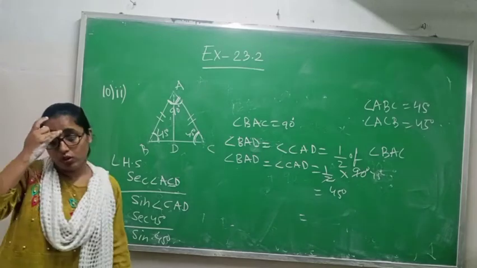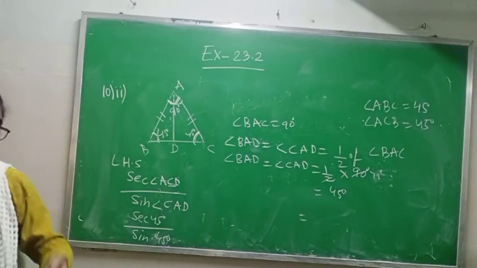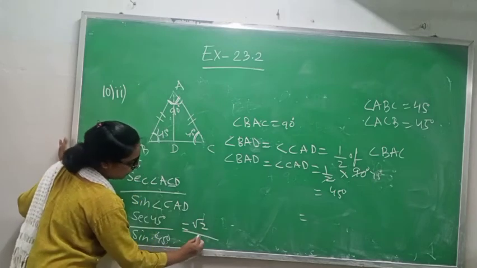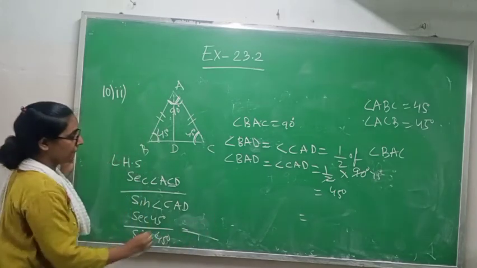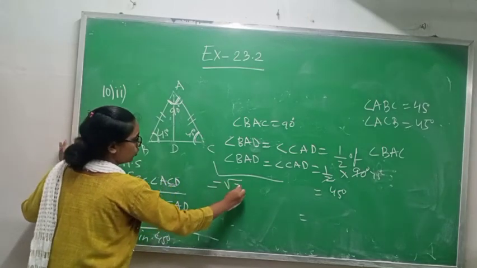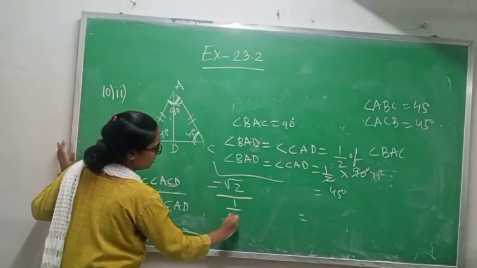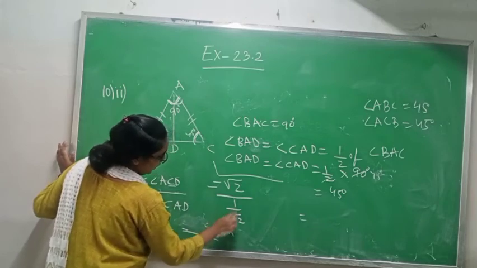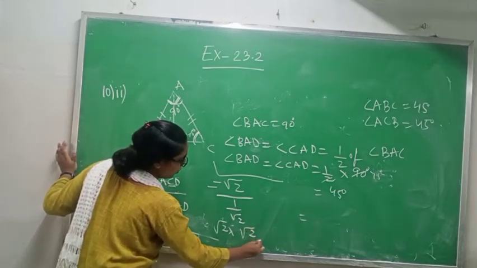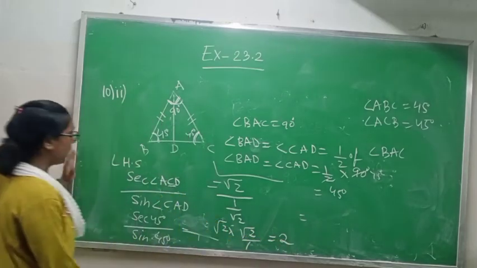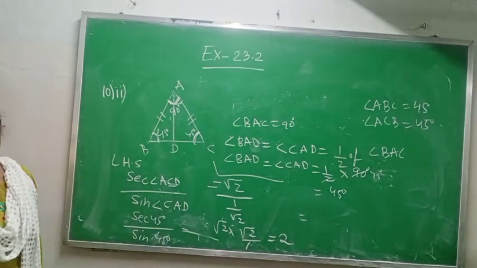Just put the value of sec 45 degrees, which is √2, and sine 45 degrees, which is 1 by √2. Now the 1 by √2 will reverse and give you √2 by 1. √2 into √2 will give you 2. So in LHS you are getting 2.